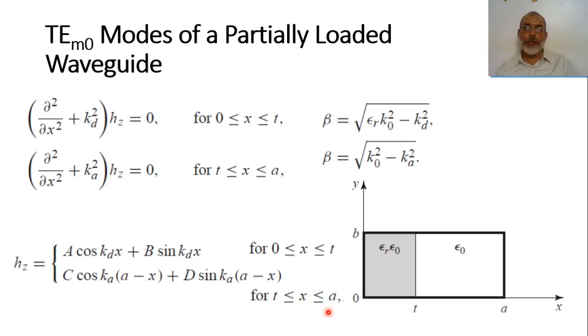Effectively, the solution of this differential equation is sine and cosine. So in this case, for the first region, it will be a cosine kd x plus b sine kd x. The other equation would be c cosine ka (a minus x) plus d sine ka (a minus x).